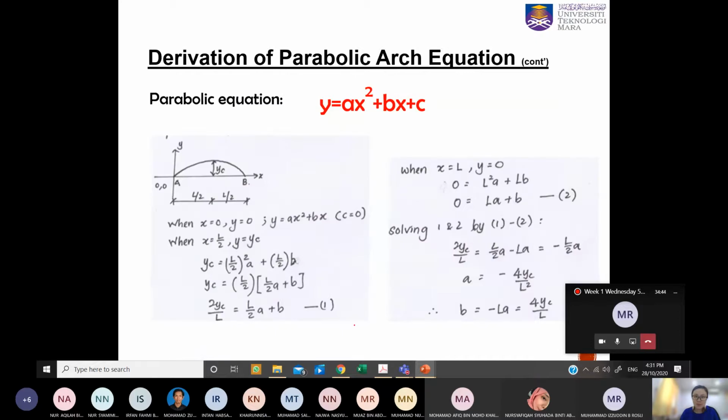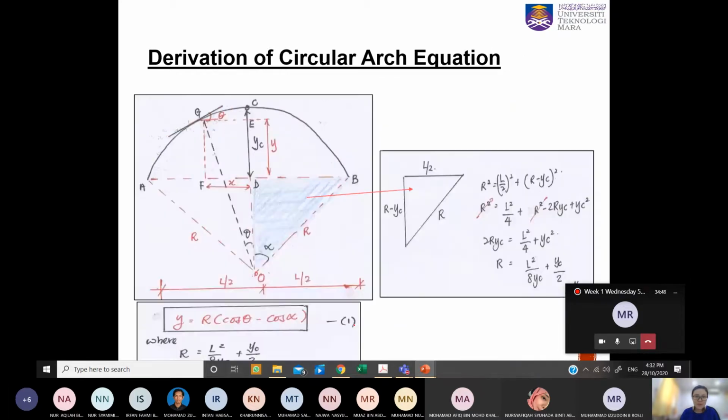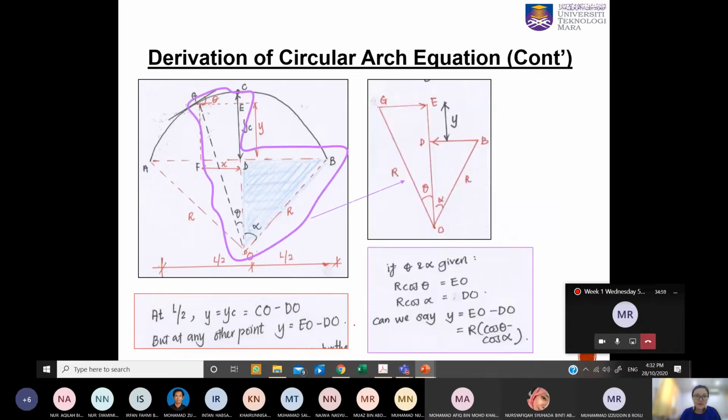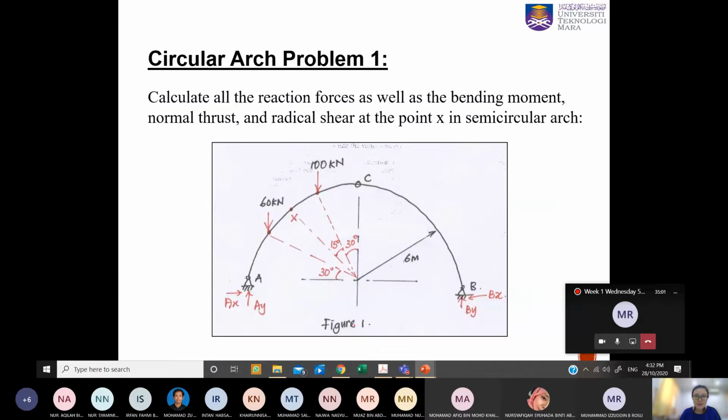This is the whole solution, with more detailed step by steps. The derivation for the circular arch I have also included here in the slides. Continue with this derivation, more explanation.